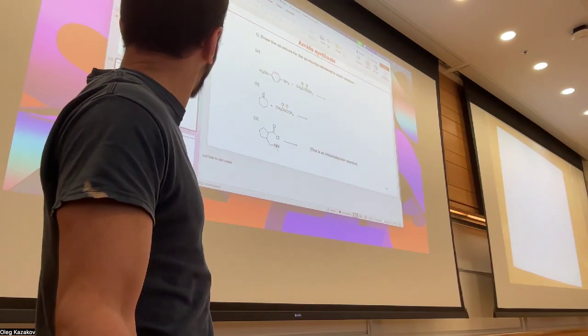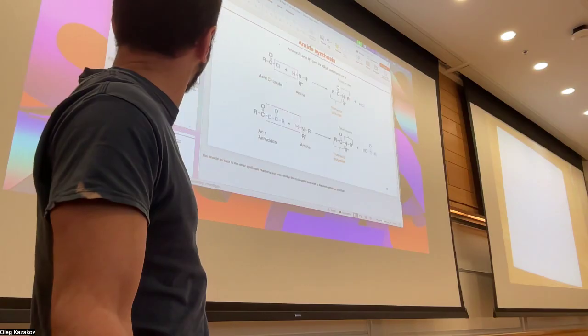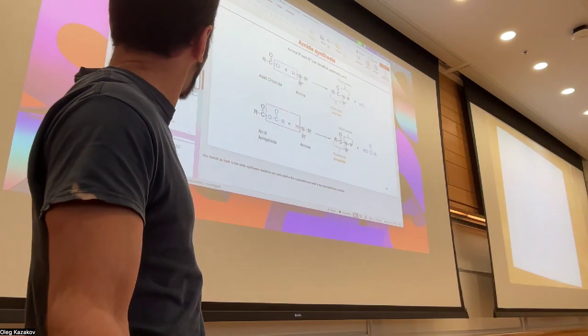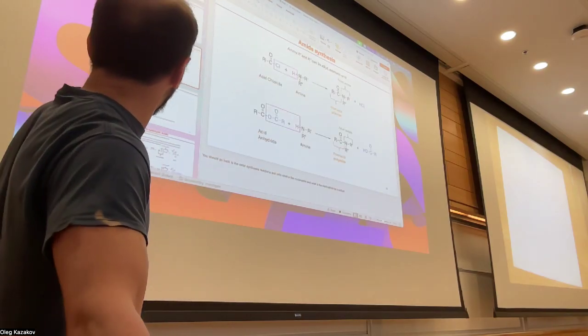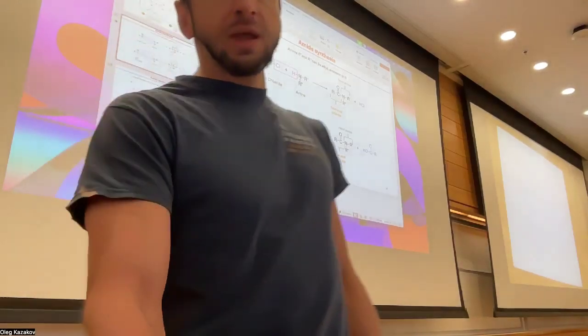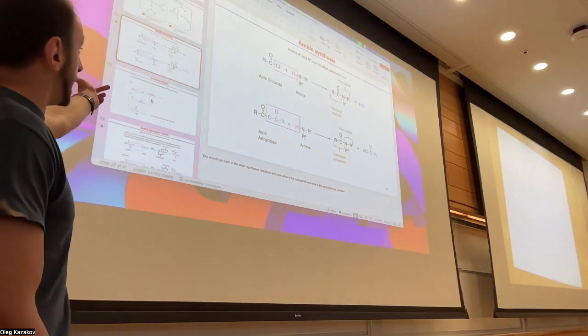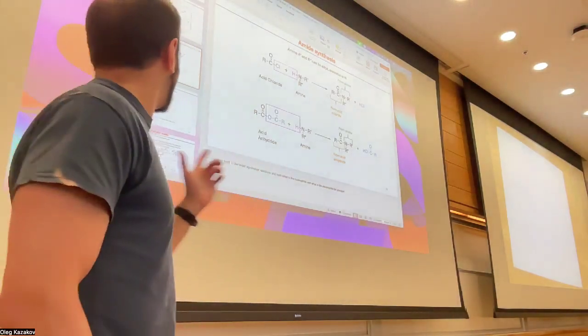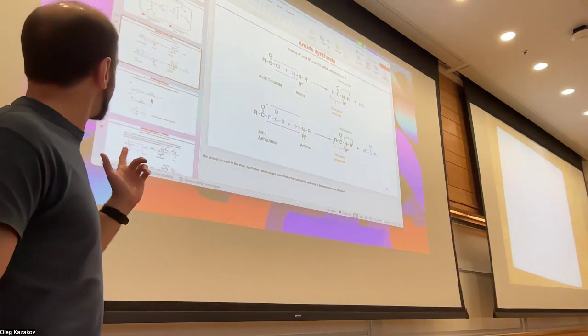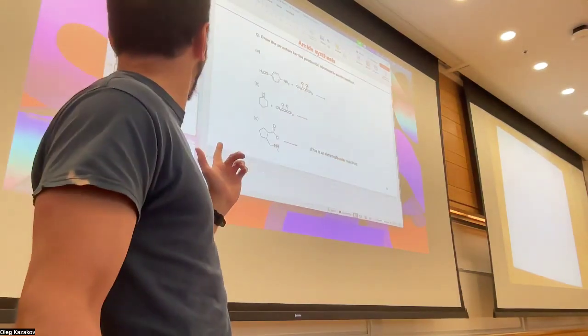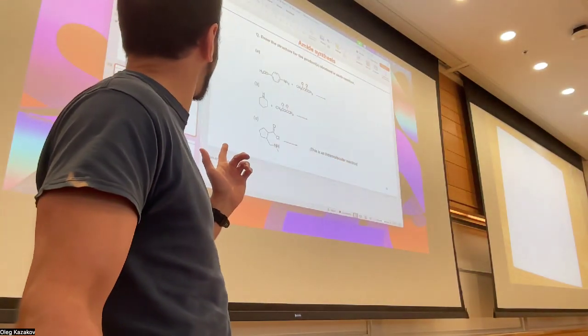So here we go. Let's take a look at some examples, right? This is going to be our example for the amide synthesis. So we make the CN bond. Another option to make amides will be to look at the examples. Do we have any good examples here?